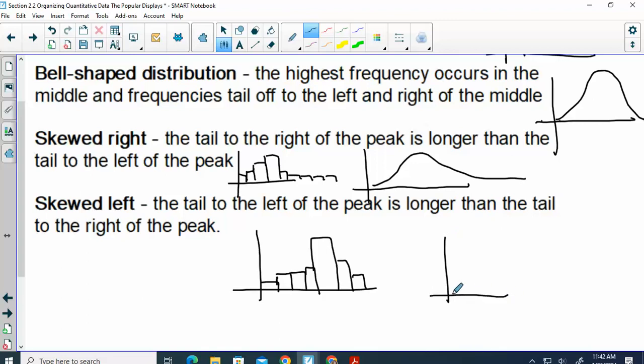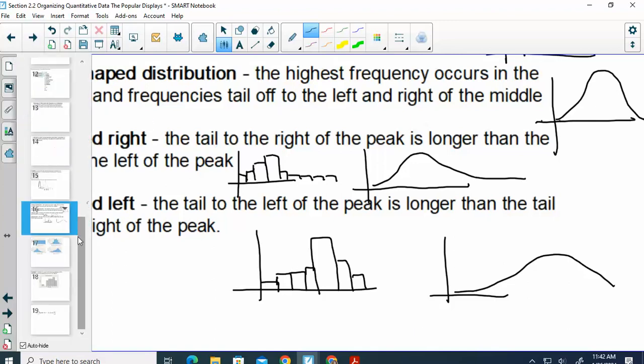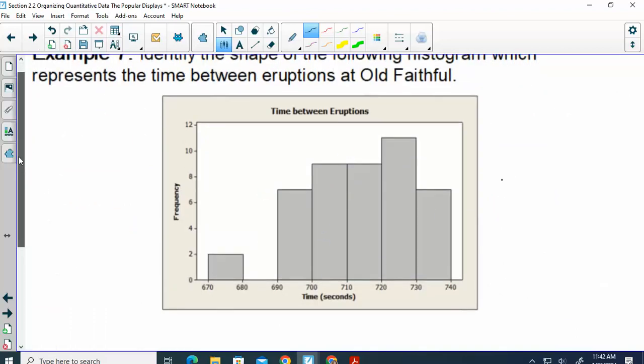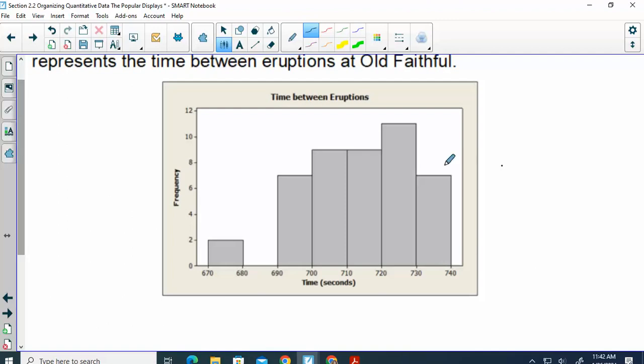Do you guys understand what our data looks like in each of those? So I think there is an example that I did actually print on your slides. How would you describe this? This is the data we had from the eruption of Old Faithful. Where's the peak at? Okay.